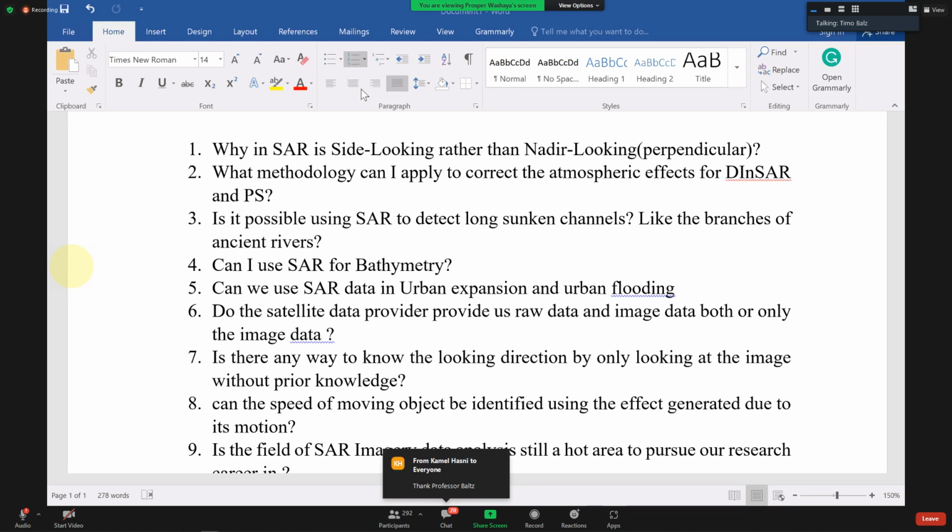The next one is really good. Can I use SAR for bathymetry? That's a really good one because the standard answer is no, because you can't look underwater. But I saw some work on that which is related, where you can see some secondary effects and use that to estimate the topography under the water.